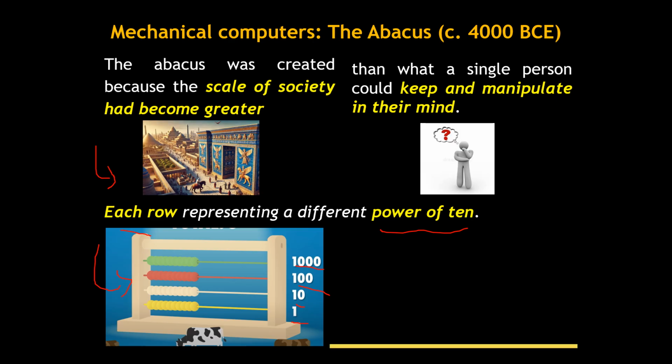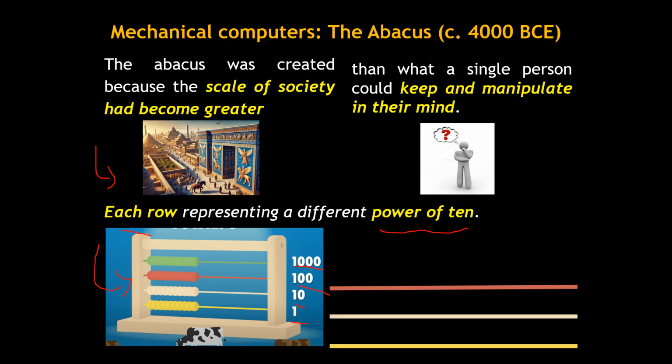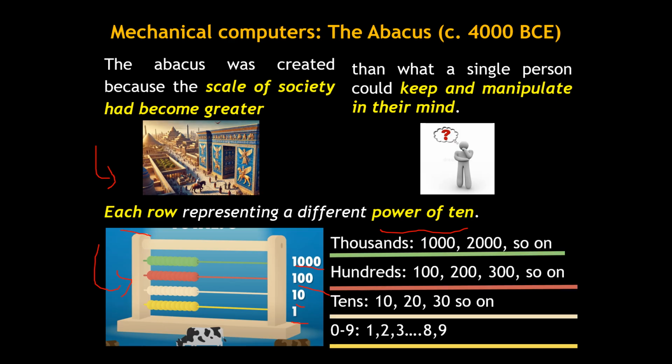So remember, here you have a yellow row, then a white row, then a red row, and then a green row. And so in the first one, you will count the first 9 digits, then you will count 10, 20, 30s, and in the next one, hundreds and thousands, and so on.